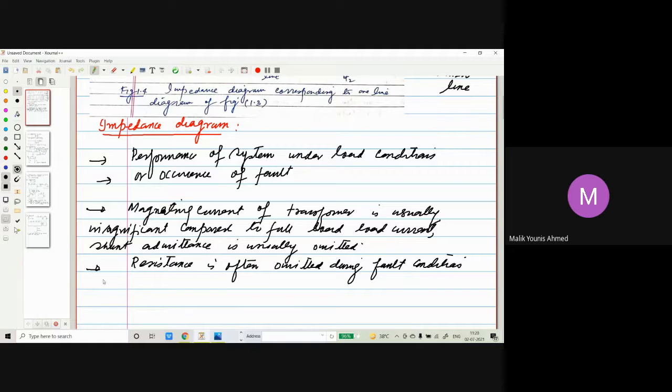Its omission includes, when we neglect it, then what will happen? Its omission will include that there will be a small error in the power system, small error, but the error quantity is so small that whatever the results we are going to obtain during the analysis of the power system, that will not have much impact on that.